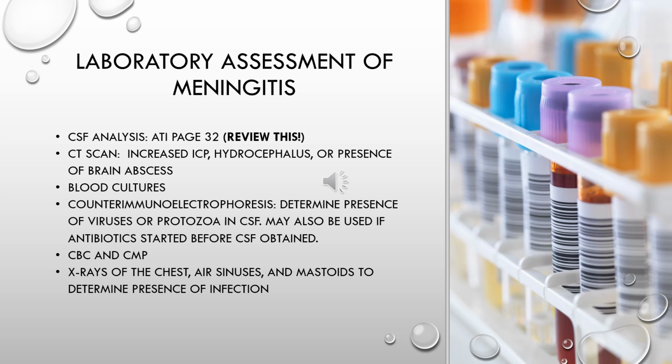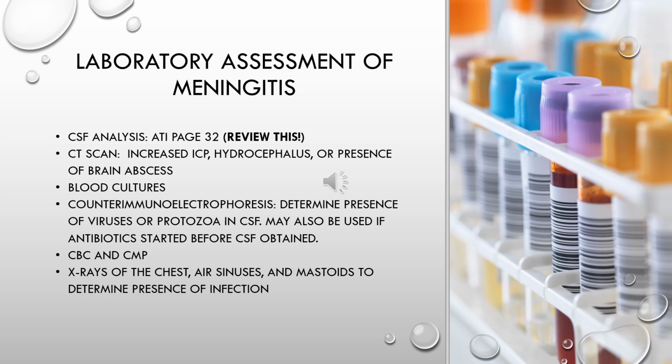So it kind of tells you, CSF should be clear. So if you see cloudy CSF, that should be an indication that there's a bacterial infection. With viral infections, however, your CSF will still be clear. So that is one thing you can kind of look at when you're doing that tap. But do also keep in mind, the amount of organisms can also play into that as well.